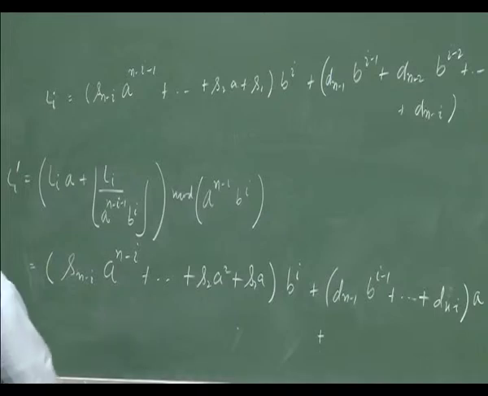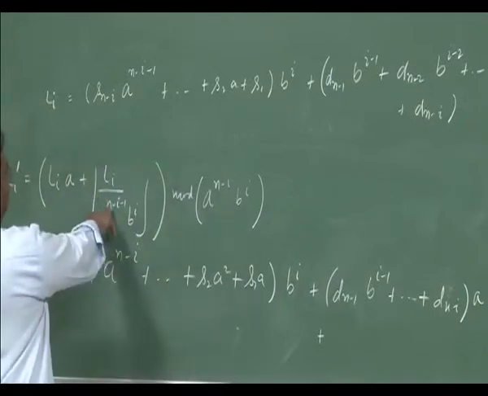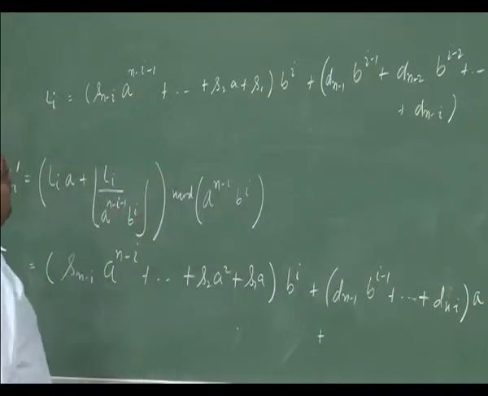So you divide this whole thing, same Li, by A raised to power n minus I minus 1 by B raised to I.